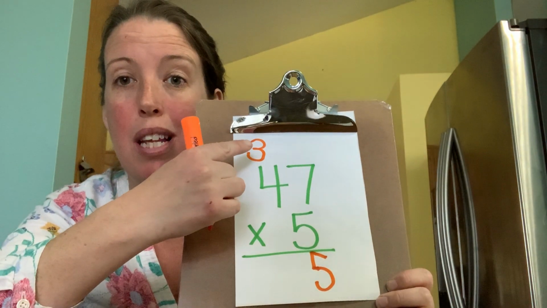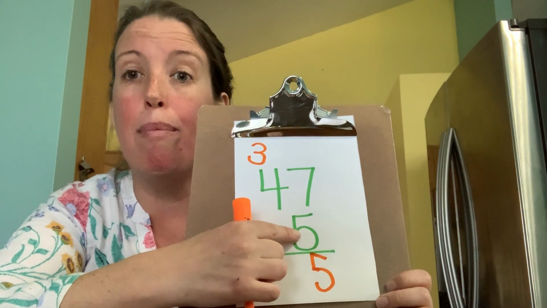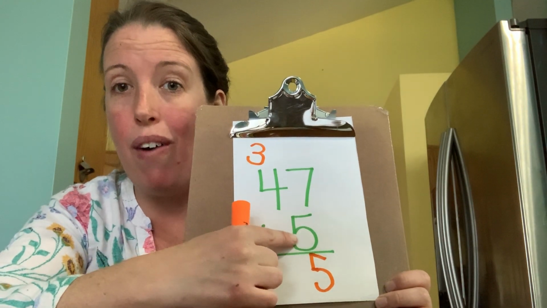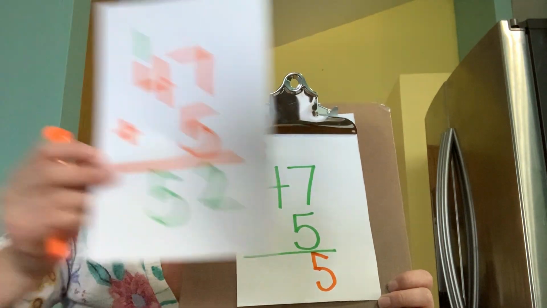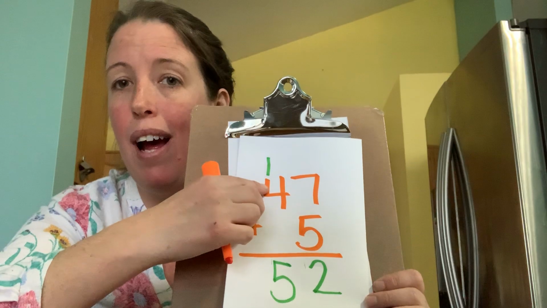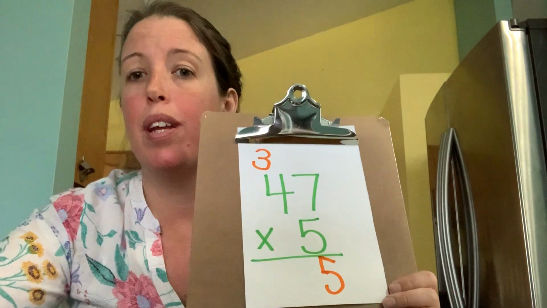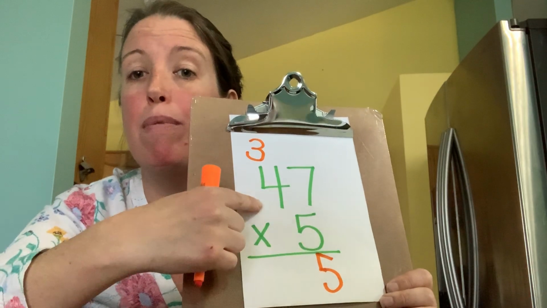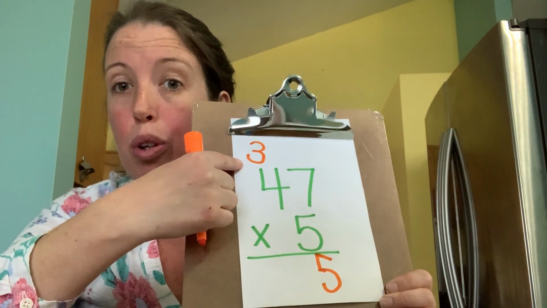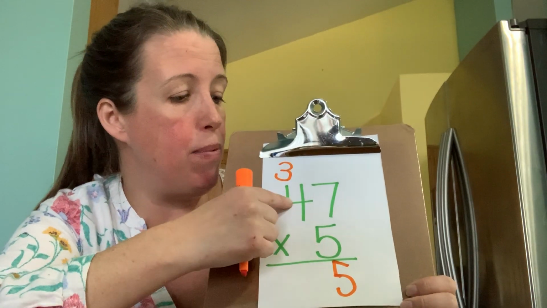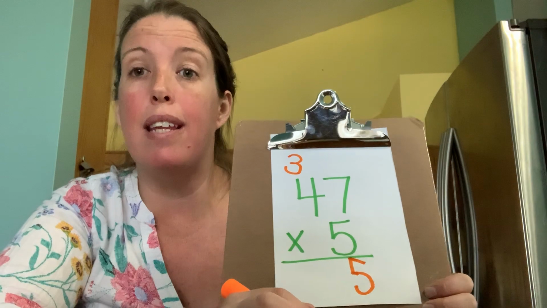So here you can see the 35, okay? Next, I'm going to continue with the multiplying, 5 times 4, which is 20. Now, just like here in my addition, I add my regrouped number. 5 times 4 is 20. I'm going to add the 3 that I regrouped. So 5 times 4 is 20 plus 3 is 23.